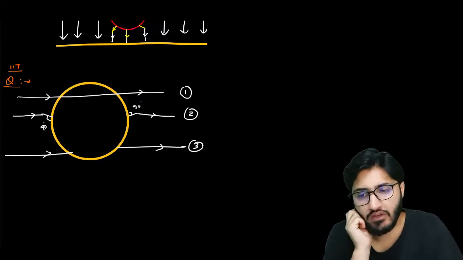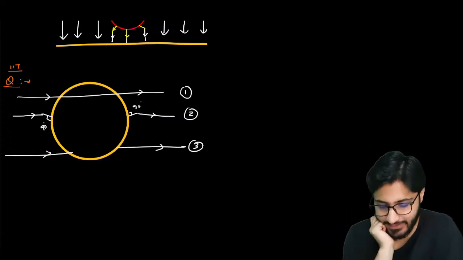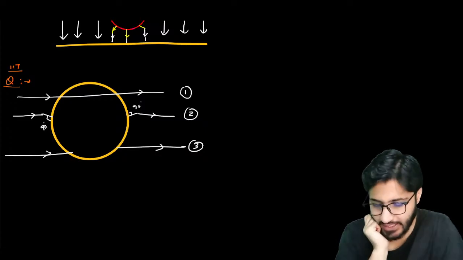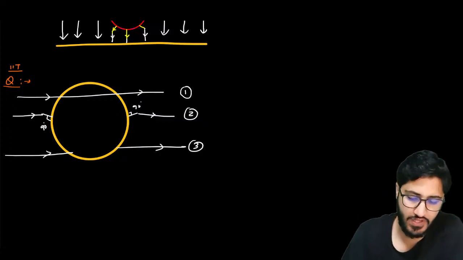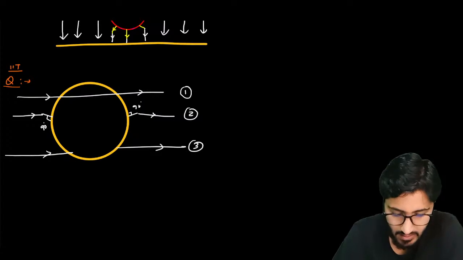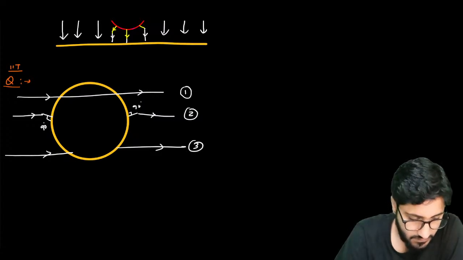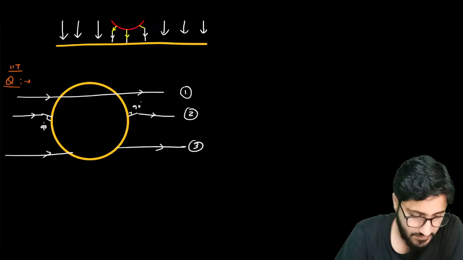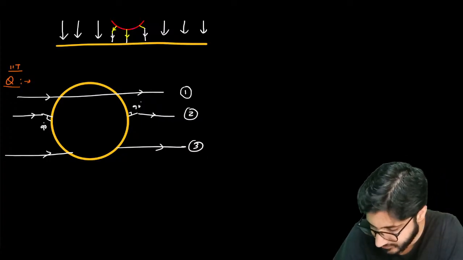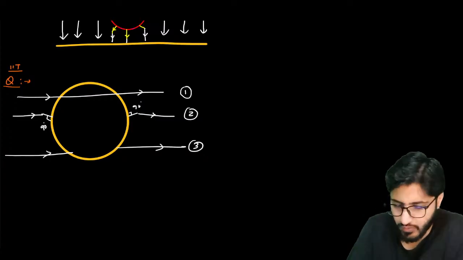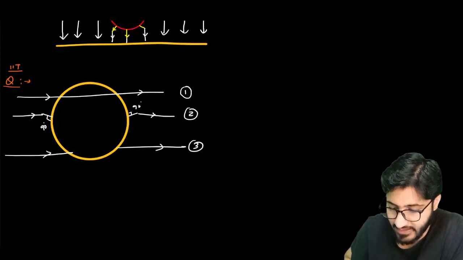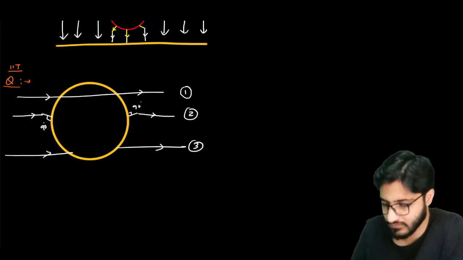Out of 1, 2, 3, which represents the correct electric field line? Out of three lines, 1, 2, 3, which represents the best electric field line? We have to choose only one option which represents the correct electric field line. Give me the answer.